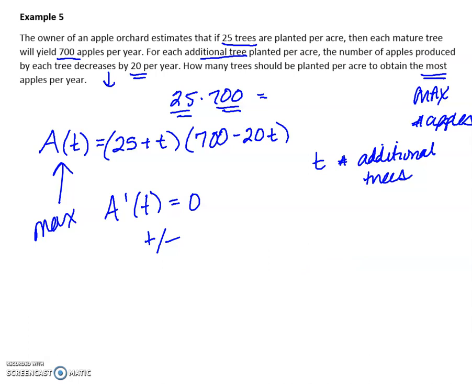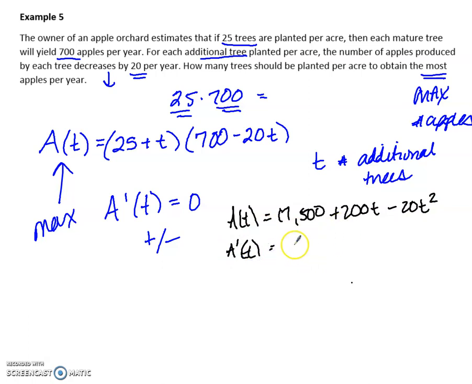If we multiply this all the way out, I get 17,500, and I'm just foiling it out, plus 200t minus 20t squared. If I take the derivative of this, I would get 200 minus 40t.